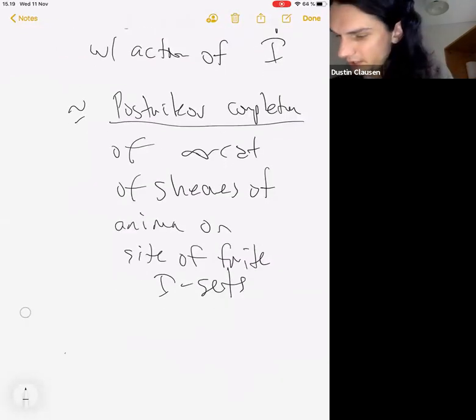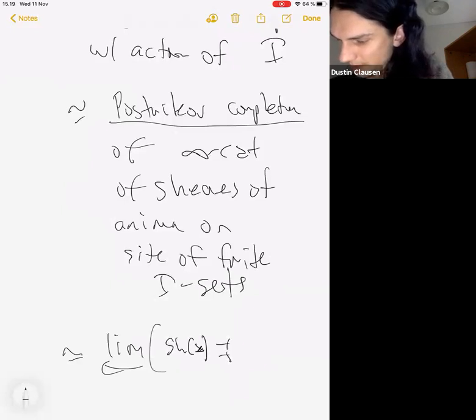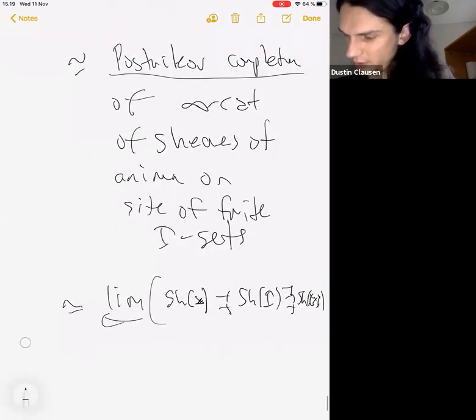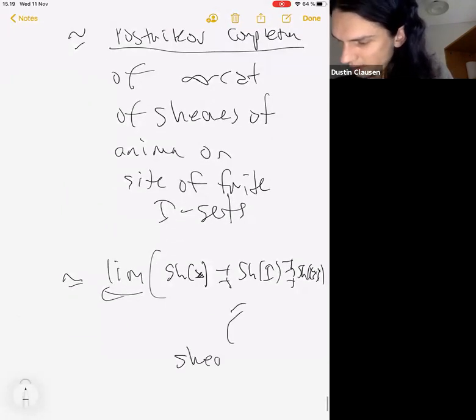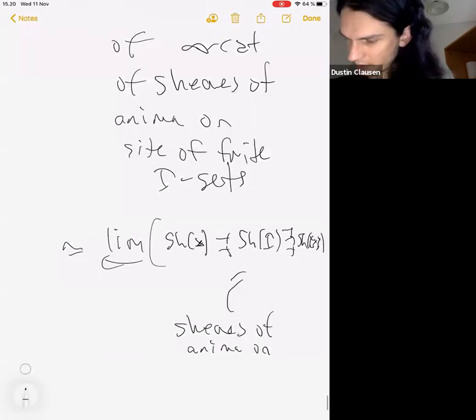And the way you see this is by seeing that both of these are the inverse limit over sheaves on a point mapping to sheaves on Gamma, sheaves on Gamma cross Gamma, and these are usual sheaves of anima on a usual topological space.